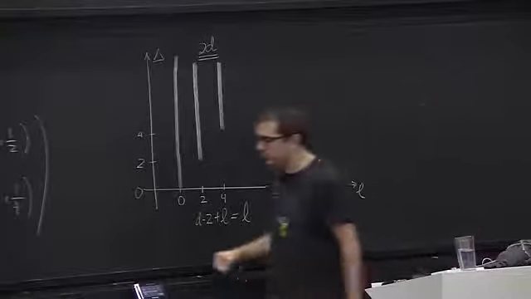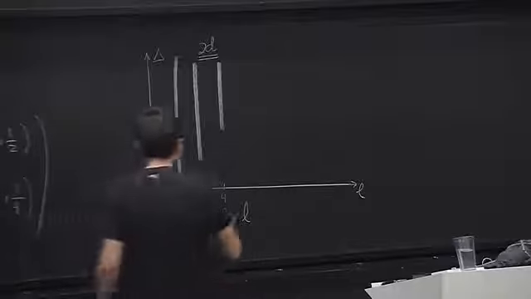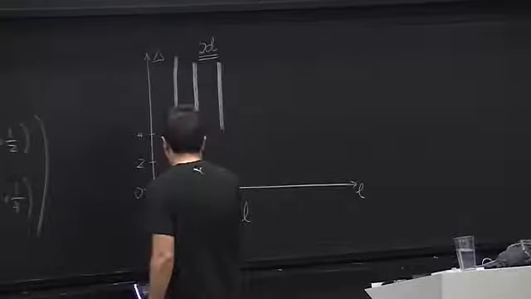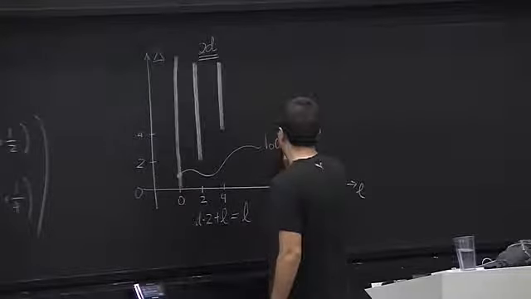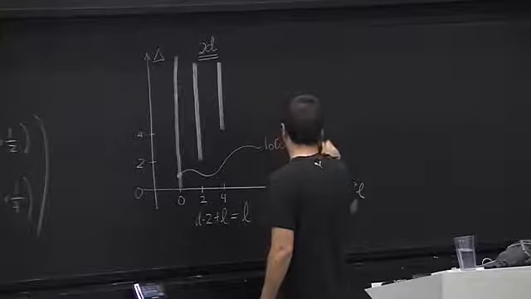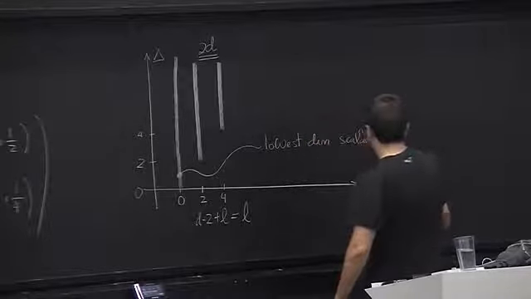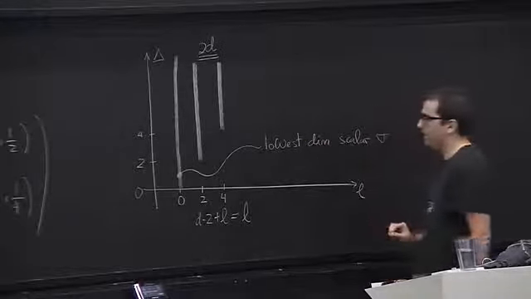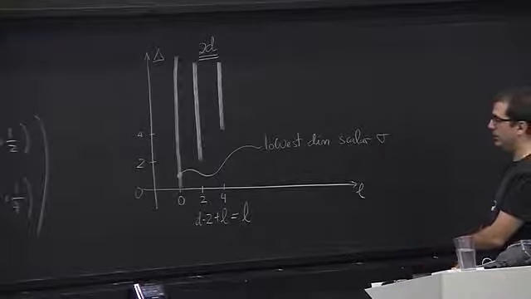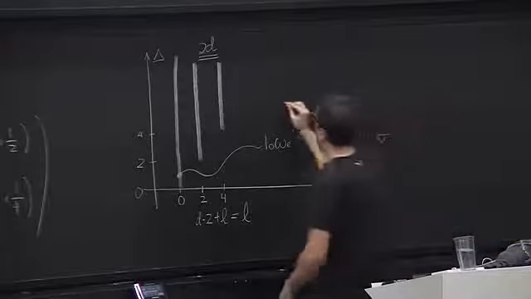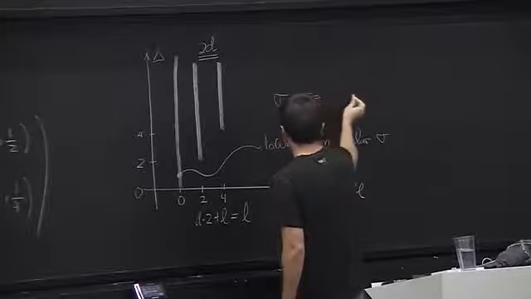Okay? Then what we are going to do is fix some point here. Okay? And say this is our lowest dimension scalar, which we typically call sigma. It's the state with the smallest dimension. And then, when we consider the OPE of sigma with sigma, it can produce many states.